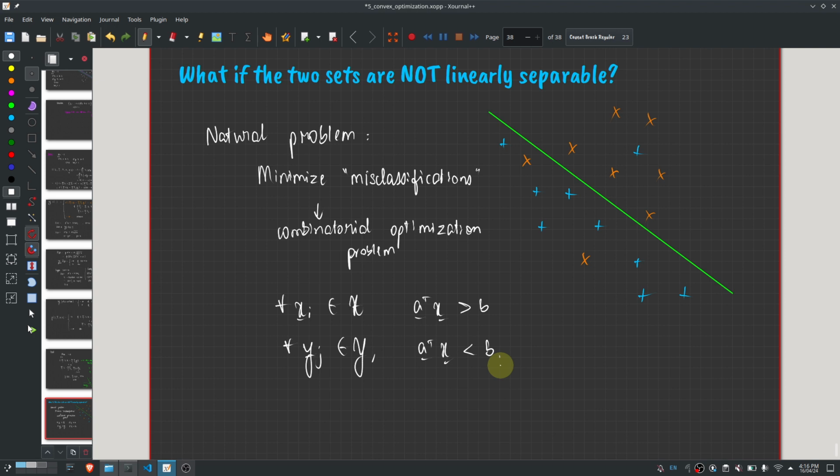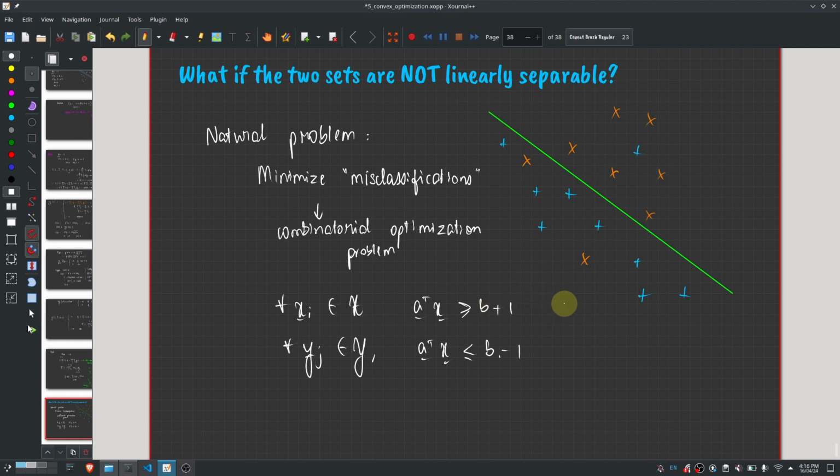Okay, so let's now introduce variables. Suppose they were linearly separable. The way we posed this was we wanted this to be greater than or equal to b plus 1, and this to be less than or equal to b minus 1. We want to find an a comma b that satisfies this.